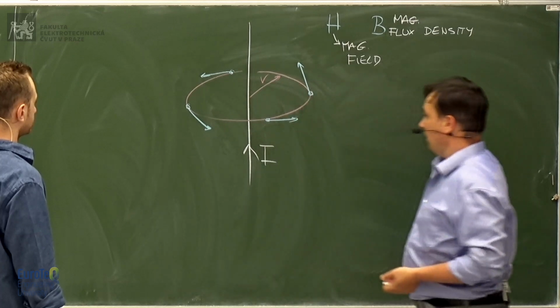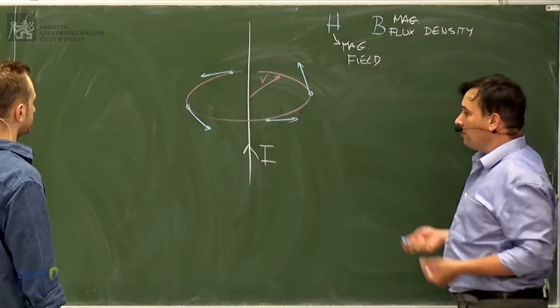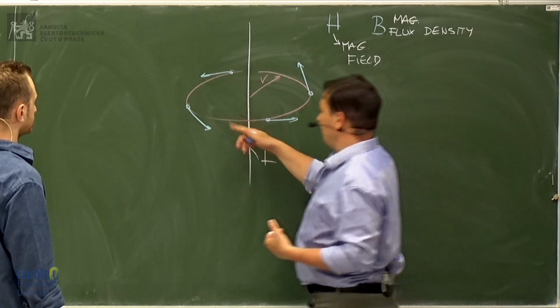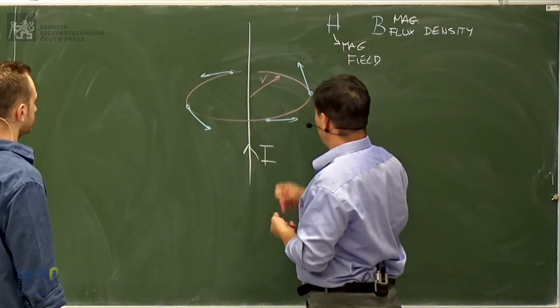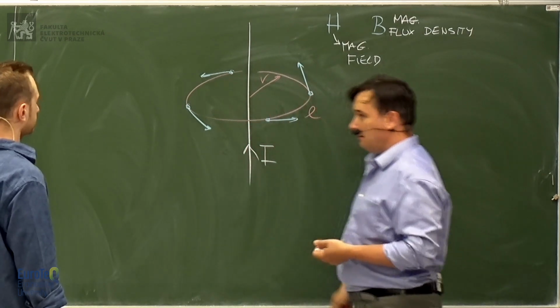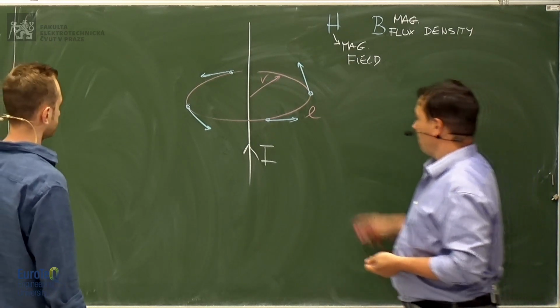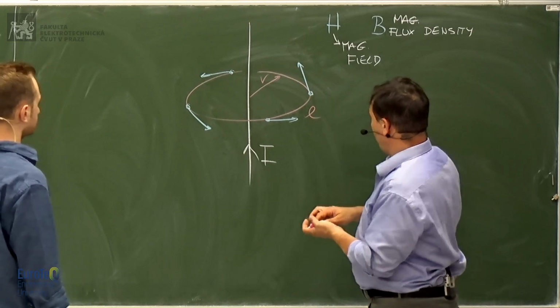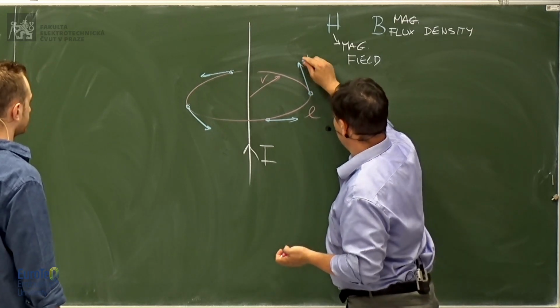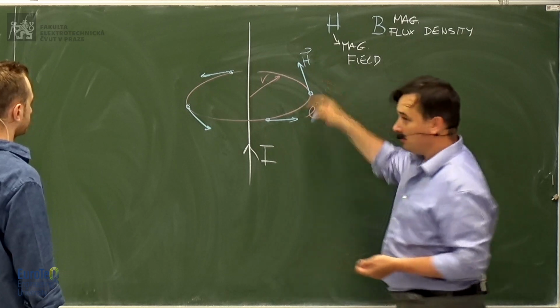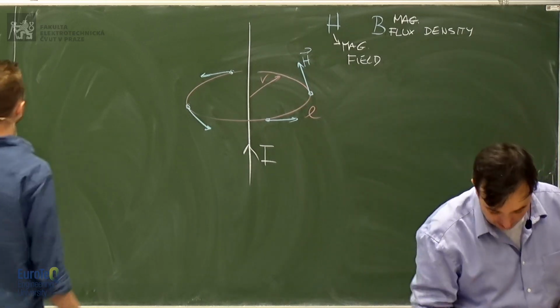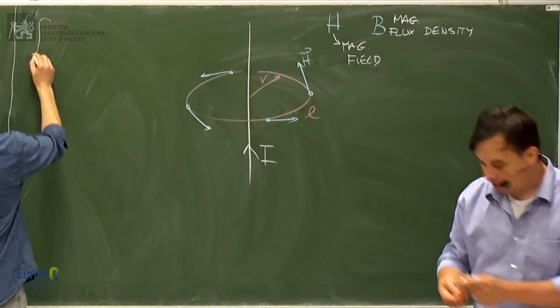So once more, we calculate the line integral over this line L of the magnetic field H dot dl.